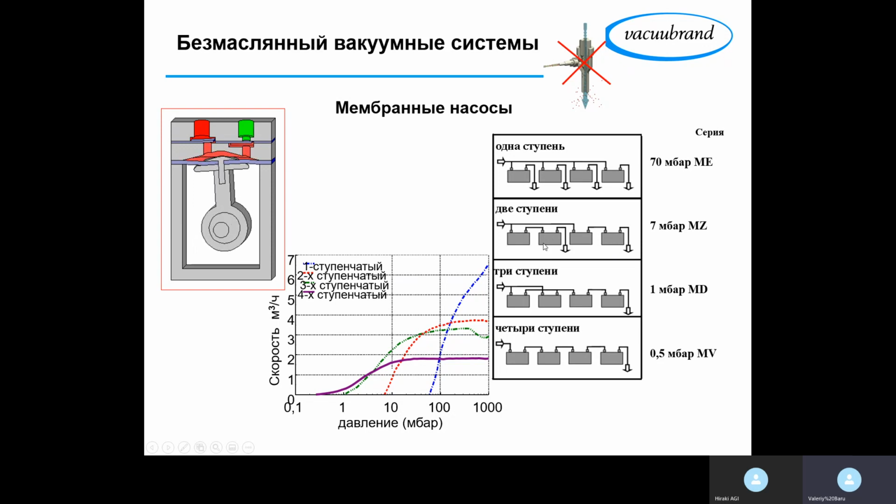So it creates a so-called fore vacuum, a slight vacuum that eases the work of the first stage. That is why it can go down to 7 millibar for the two-stage pump.